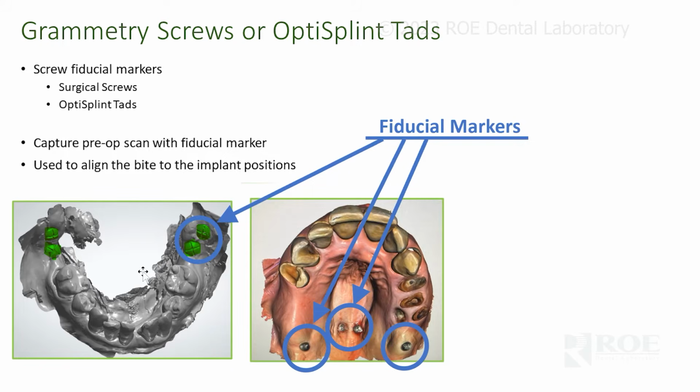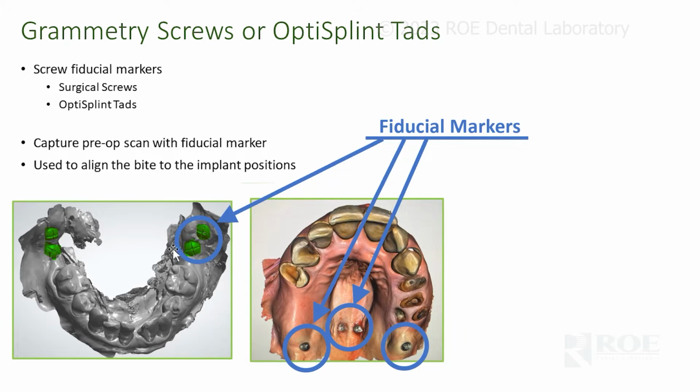Now you can see there's a lot here, right? I've seen cases where the doctor just uses one in the palate. But really to dial in the bite and to preserve the bite, sorry, you have multiple. And maybe that's three right here in the palate. Maybe it's two in the palate. But the markers or the fiducial markers are placed and it's captured, right?